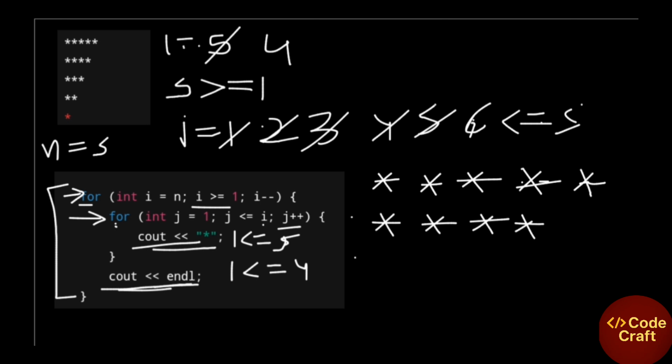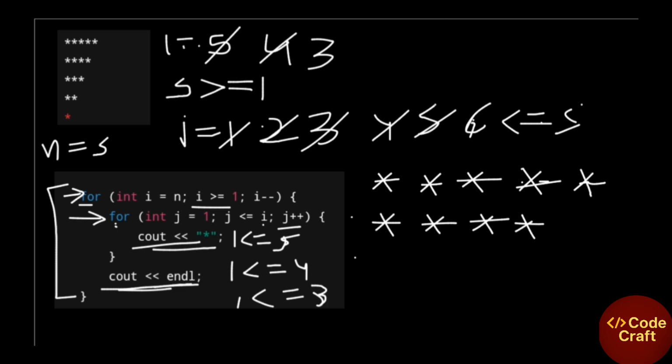Here is a decrement operator, i minus minus. In the first iteration i is equal to 5, and in the second iteration i becomes 4, because here is a decrement operator. After this the same loop runs again.